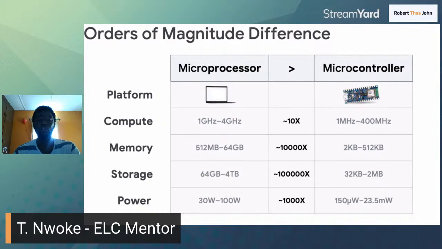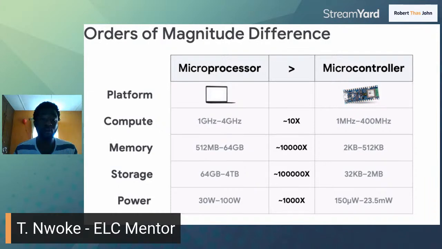Same thing for the power consumption, right? So when we charge our devices, when we power our devices, they run on at least 30 watts to 100 watts. And while these microcontrollers run on 150 microwatts to 23.5 milliwatts. And you can see the difference in the watts.